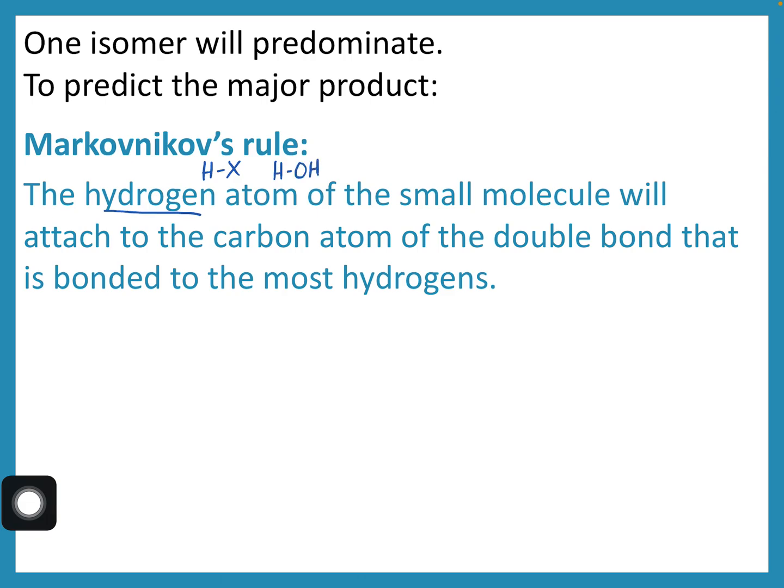So the other ones were either 2 halogens, so a diatomic halogen, or hydrogen, in which case we have the 2 of the same atom being added, which means we won't have isomers there. So these 2 will give us isomers. So the hydrogen in that small molecule is going to attach to the carbon from the double bond that has the most hydrogens already.